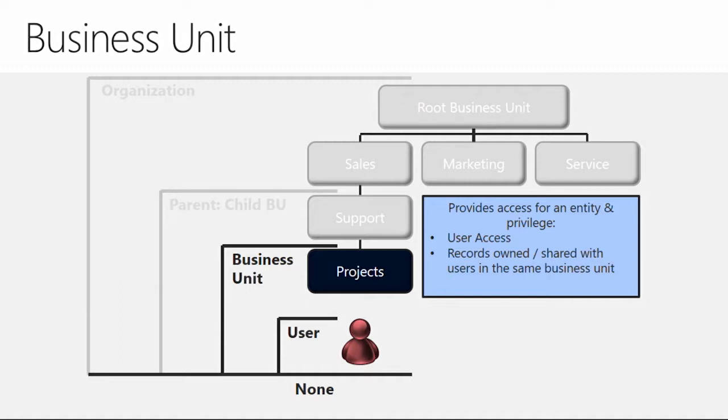So if I have read rights on opportunities at a business unit level, I basically can go in and see any opportunities that are owned by me, a team that I'm a member of, or anybody who is in the same business unit as me, or records that have been shared with the same business unit. So if we're in the same business unit, I have access to those records. If they're in the support business unit, I don't have access to those particular records.